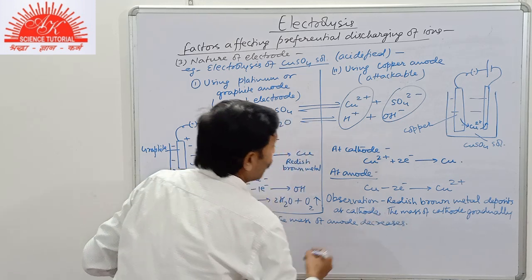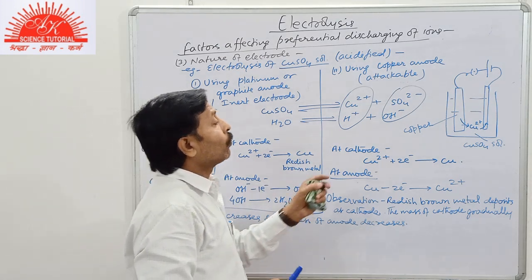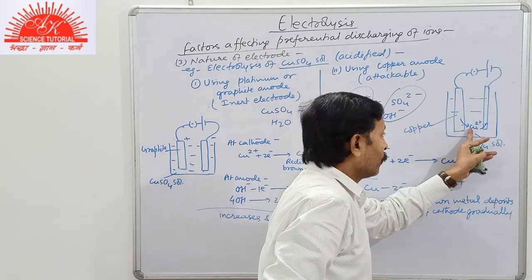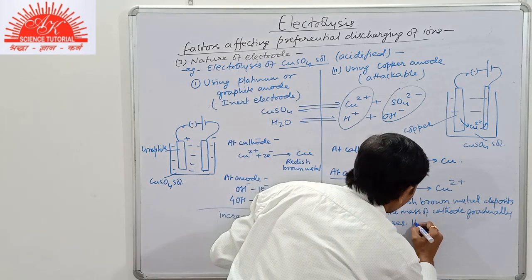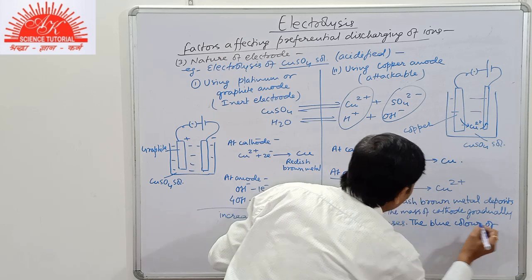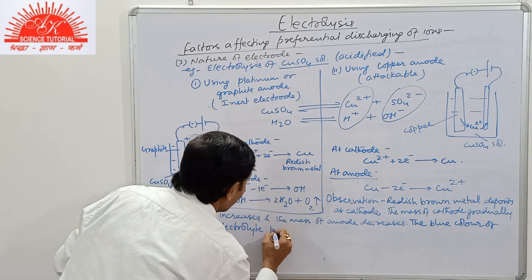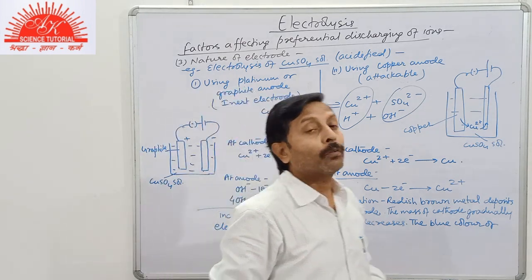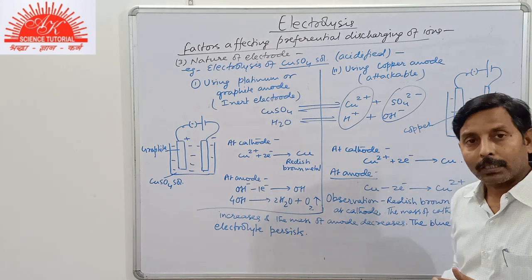The reason is that from the anode, metallic atom changes into ion, enters into the electrolyte, which further gets discharged at the cathode. Further, we write the blue color of electrolyte persists, means it will not change, because the concentration of cupric ion remains constant.